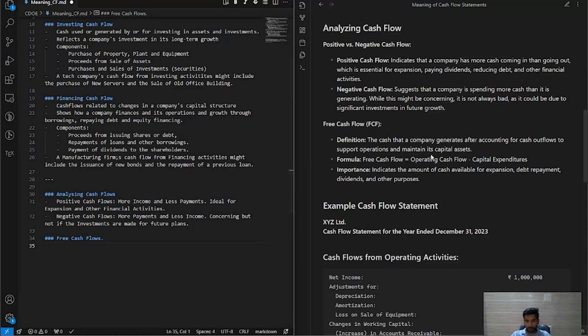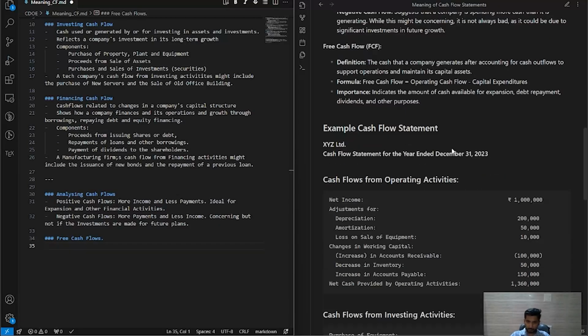Then comes the free cash flow. Basically, it is the cash that the company generates after accounting for the cash outflows to support the operations and maintain its capital assets.